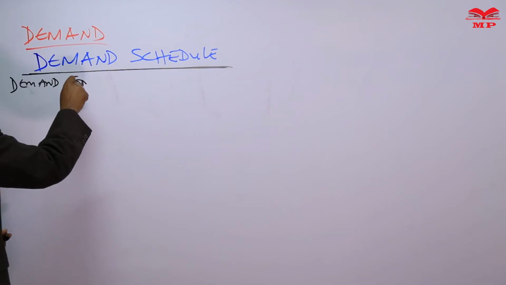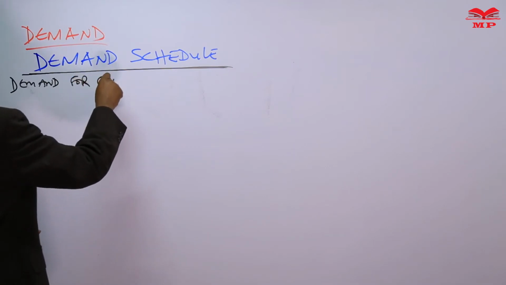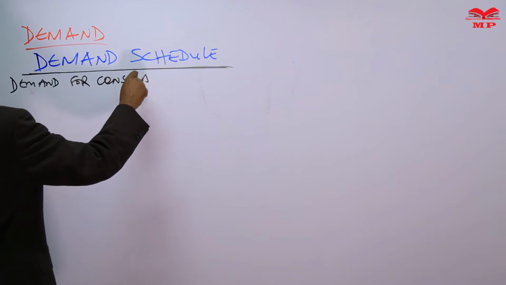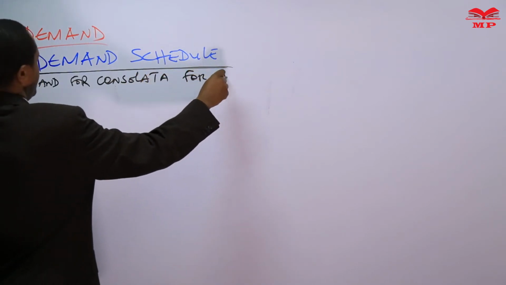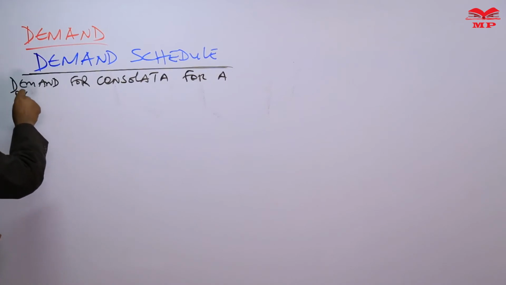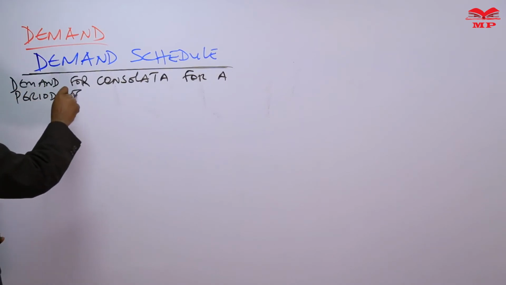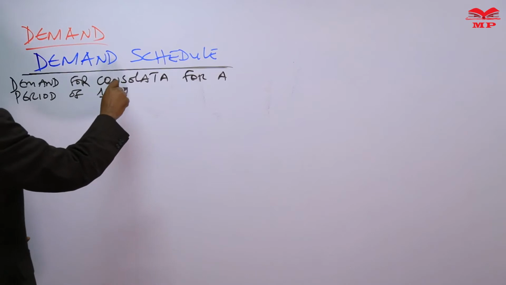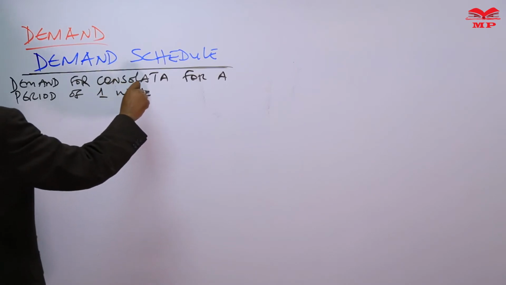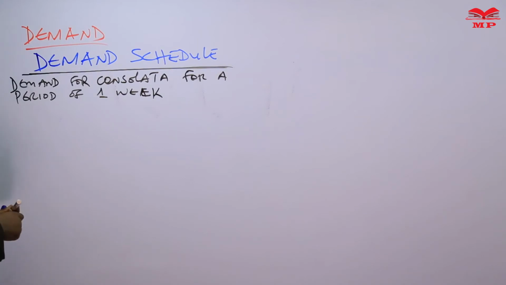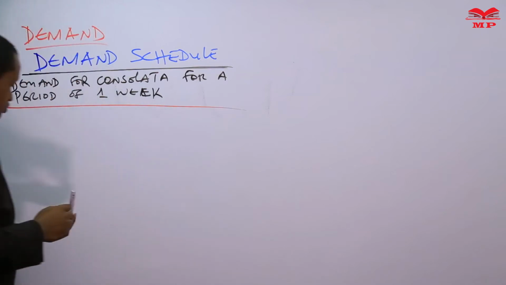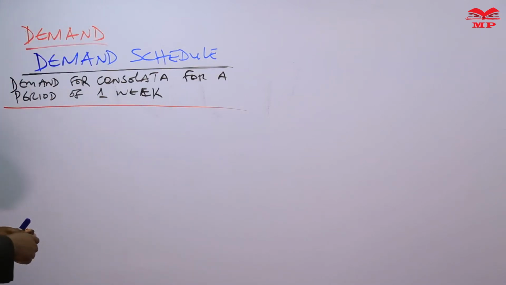So we are going to illustrate here the demand schedule for Consolata for a period of 1 week. So we'll have the table.